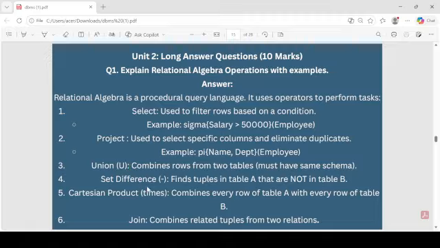And set difference will be represented by minus, which finds tuples in table A that are not in table B. So it differentiates tables. And Cartesian product will combine every row of table A with every row of table B. And we have joins, which combine related tuples from two relations, like joining the rows of two relations. So these are the operations of relational algebra with examples.